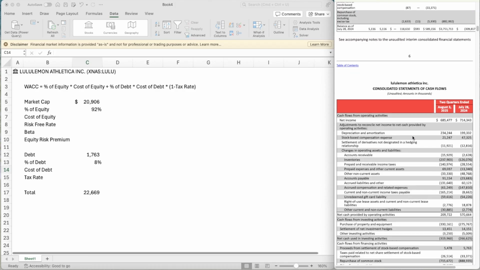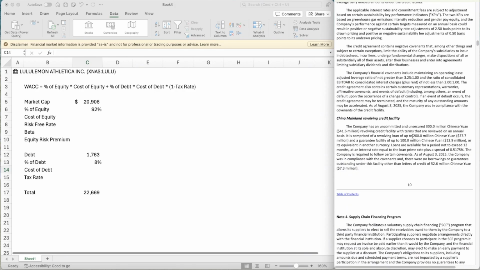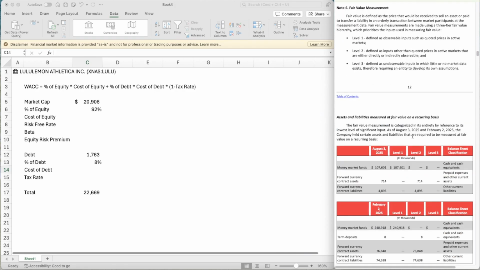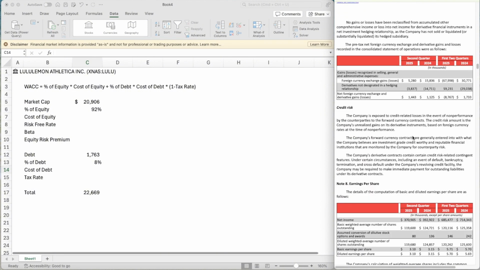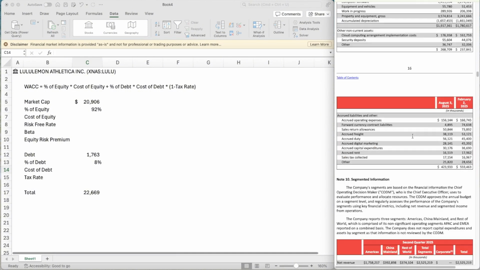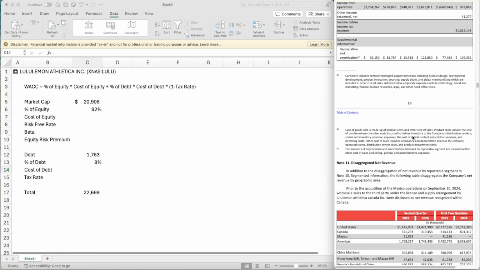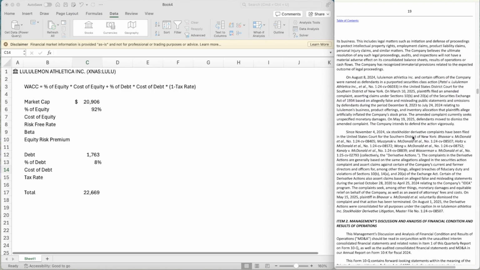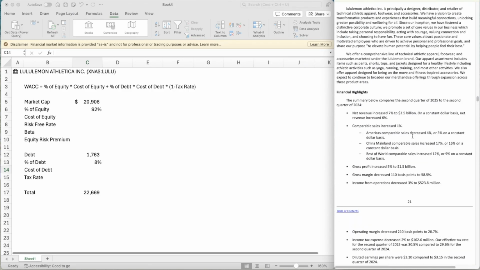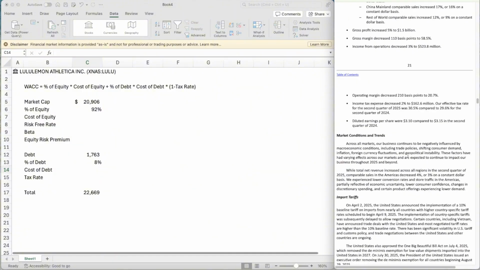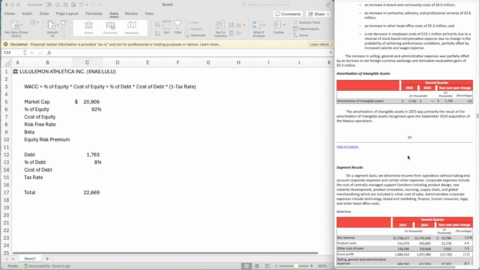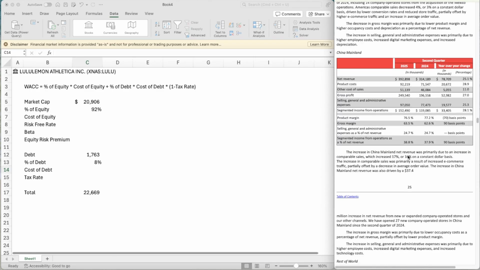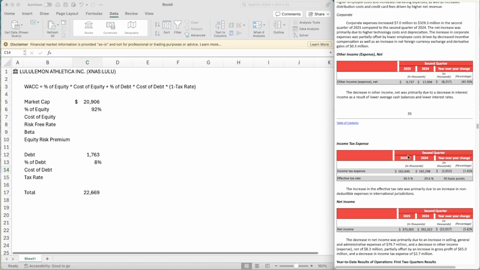Now, the cost of debt, the way we would do this is, okay, we can actually find it down here. We'll also do income tax as well. Keep going. Oh, okay.